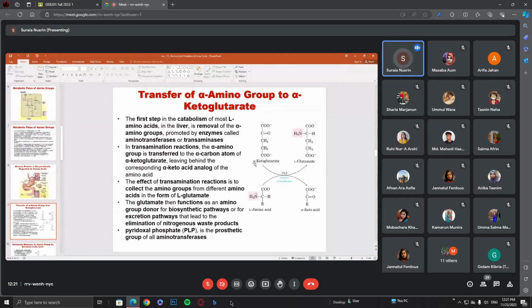In the summary of the fates of the amino group, we have actually seen this reaction, but now we are seeing all of the reactions one by one. So this is the very first reaction, which is the transamination reaction.